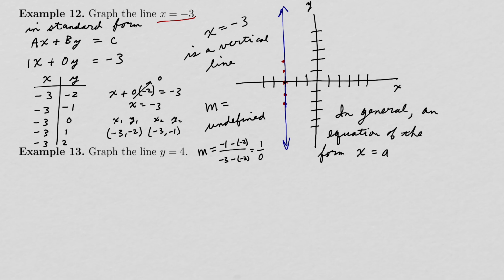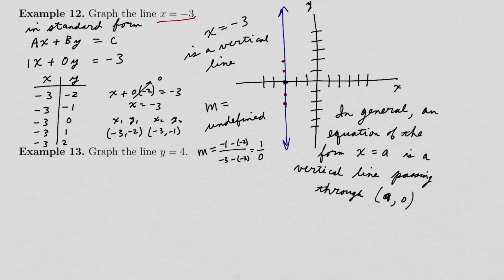So anytime you have that form, x equals a, that's going to be a vertical line. Basically, that passes through the point a comma 0. Right, in this case, it was negative 3 comma 0 that it passed through.